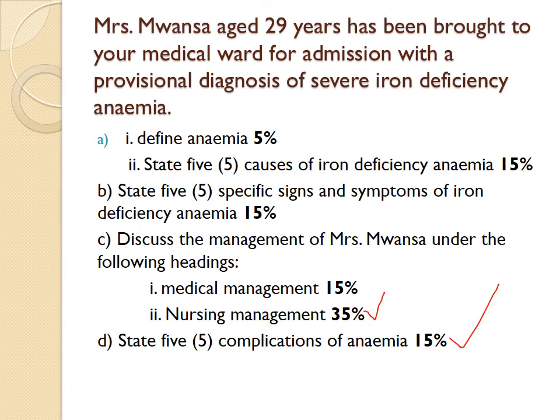So initially, since the patient is on bed rest, during this time you need to help the patient to do passive exercises to improve blood circulation and prevent muscle wasting. Okay.